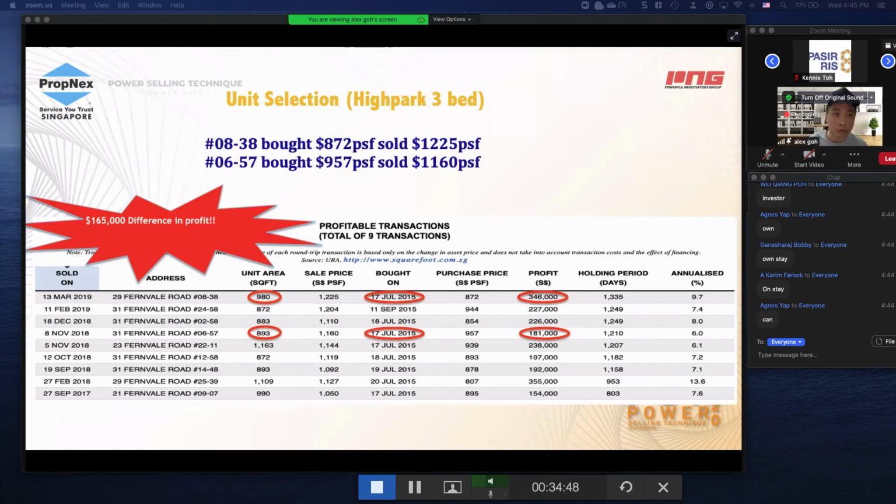You go to Hyde Park today, you search. The 893 got plenty of units. The 980 onwards all don't have much units. So now, this is the supply. There's higher supply of the 893 than the 980. This is the first thing. Second thing, the demand. Fernvale is what area? HDB location.